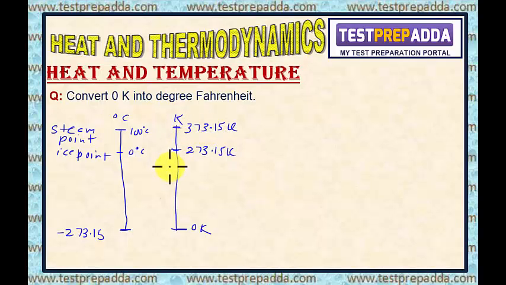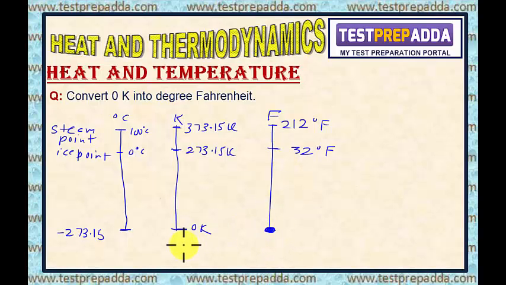Now, if you want to compare with Fahrenheit scale, here we know steam point is 212 degree Fahrenheit and ice point is what? 32 degree Fahrenheit. Question says get this value.